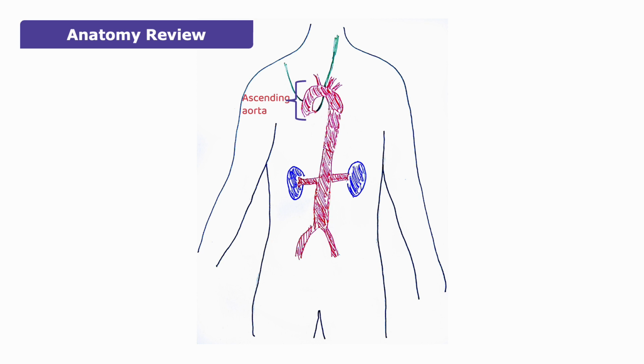First, we have the ascending aorta, which is the section branching off the left ventricle and terminates just proximal to the left subclavian artery. Distal to the left subclavian artery to the diaphragmatic hiatus, we have the descending aorta, and then, like we stated before, is the abdominal aorta.